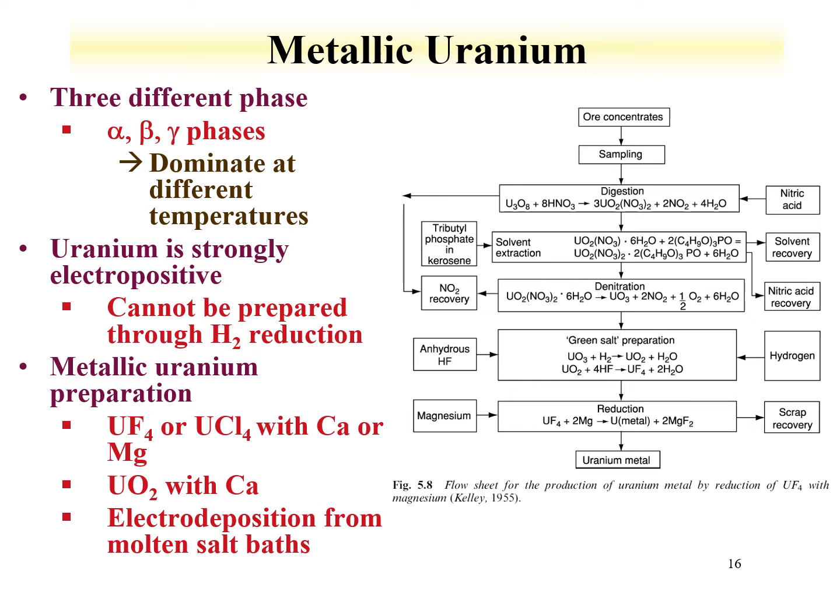If the molten salt is made of sodium or lithium chlorides, what we're saying is that the potential for the formation of the metal is greater than the potential for the formation of the metal from the salt.